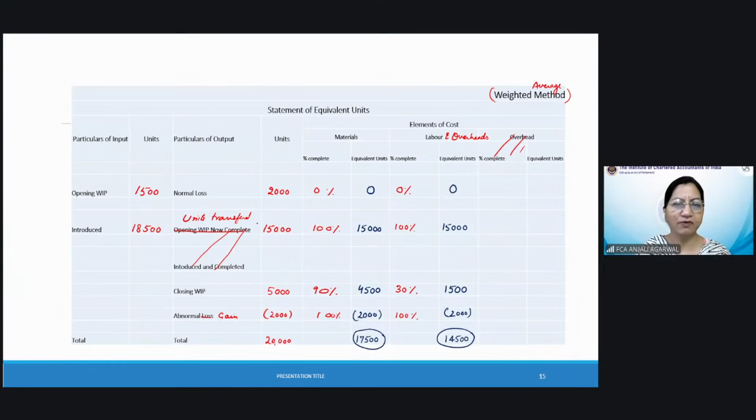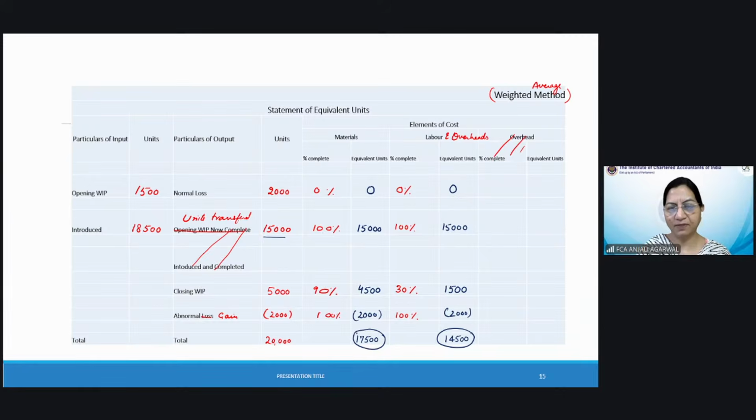So see, we transferred the units 15,000 and we assume that the entire 15,000 has been 100% completed in this period. So when we have brought the cost also from the previous period in current period and whatever the work we have done, that also we have calculated in the current period.